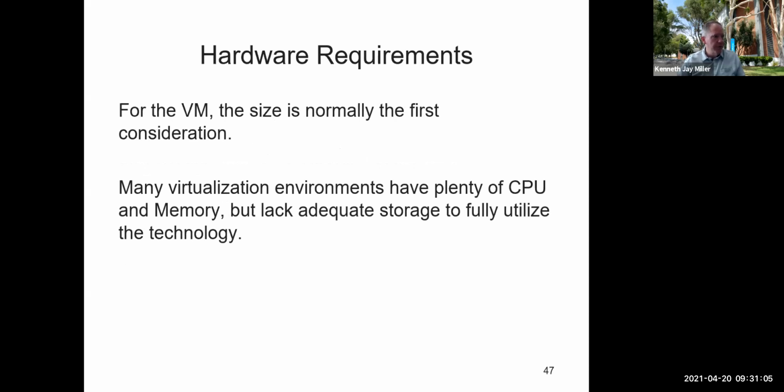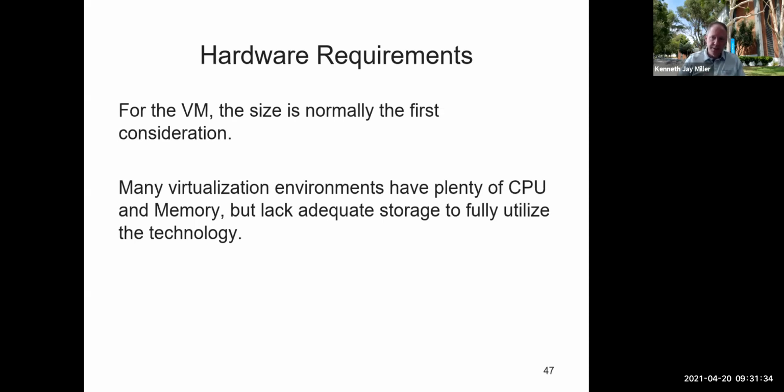So for the VM, normally the first thing you worry about is the size. And generally speaking, you should have an idea of how much storage that particular VM is going to need and do that up front. You can increase the size of the virtual disk later, but it can cause problems.